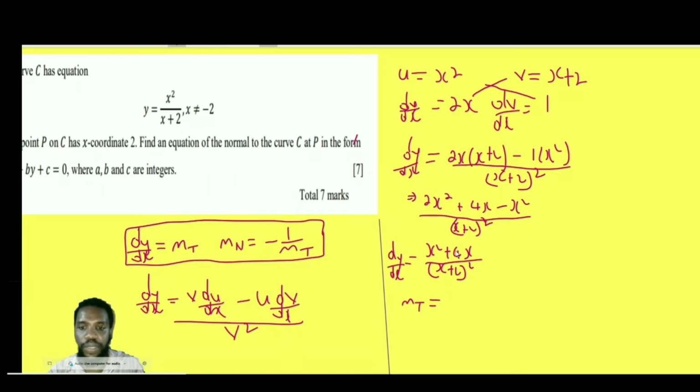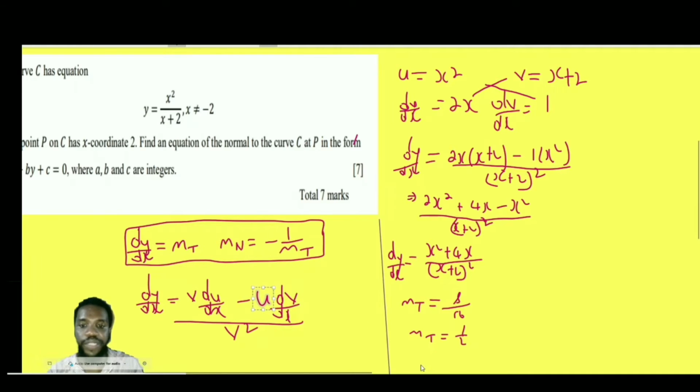So when I put 2 in the place of x, I'm going to have 2 squared, which is 4, and 4 times 2, which is 8. I'm going to have 8 over 2 plus 2, which is 4, and 4 squared is 16. So the gradient of the tangent is actually a half, but we don't want the gradient of the tangent. What we want is the gradient of the normal.